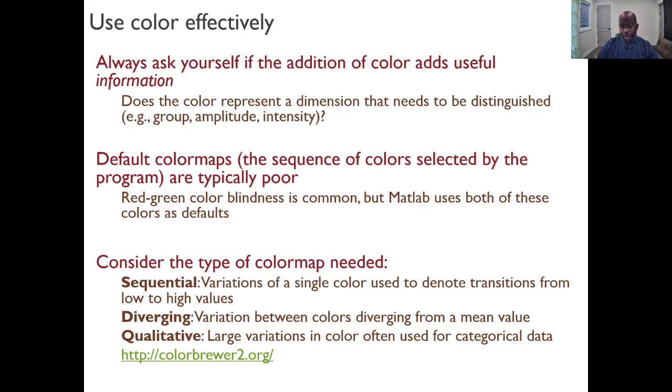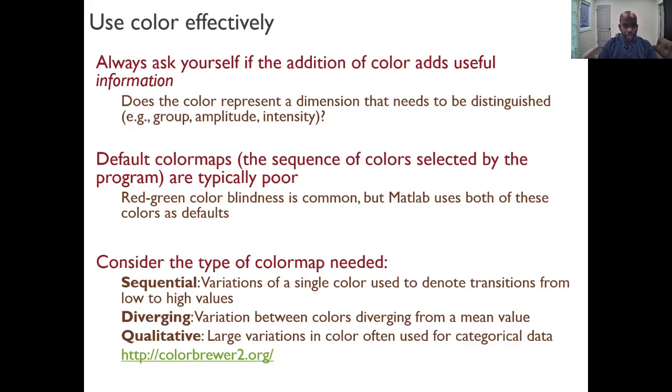When thinking about color, there are a lot of resources; any resource on design will talk about color. Color Brewer is a website that I like that gives you some examples of color maps that you may want to use. And you should think about the different purposes for different types of color maps. These might be sequential colors, where the variation intuitively could represent low to high values. A diverging color map, where maybe there's a central color, like let's say white, and then the colors diverge from there.